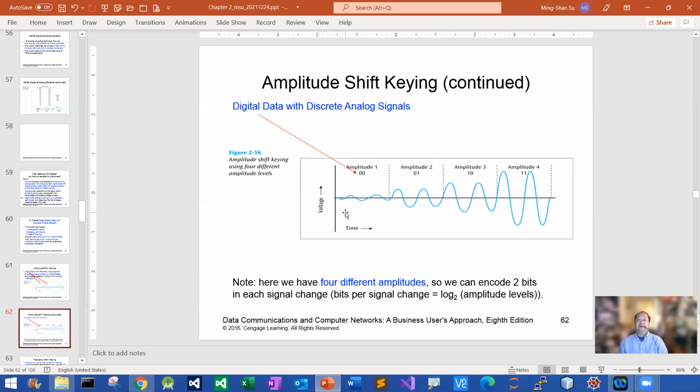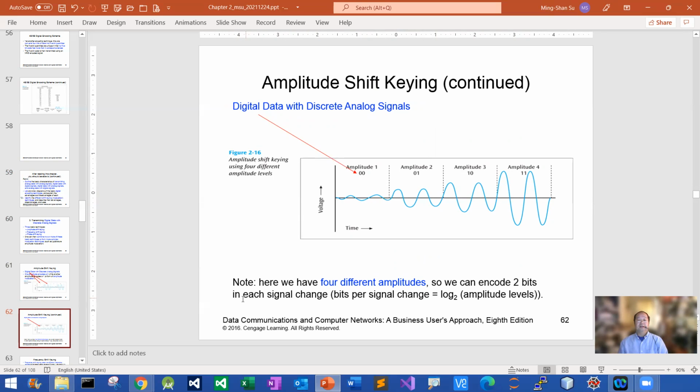So we can use different amplitudes: this one to represent digital data 0,0, this one 0,1, this one 1,0, and this one 1,1. Figure 2-16 shows amplitude shift keying using 4 different amplitude levels.